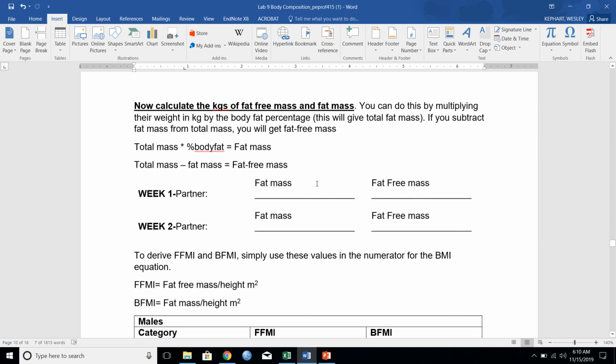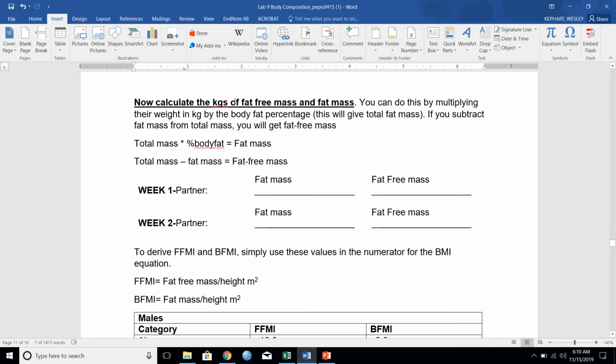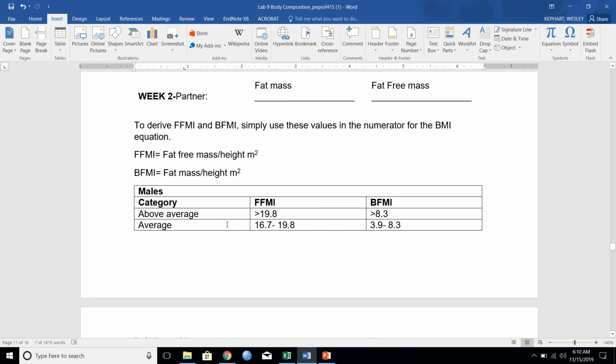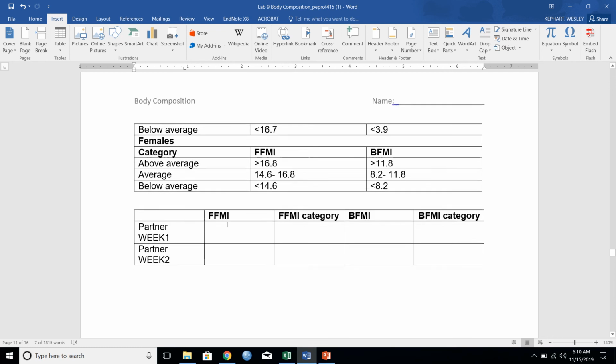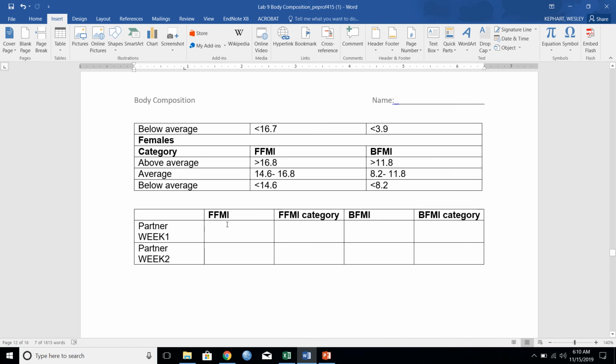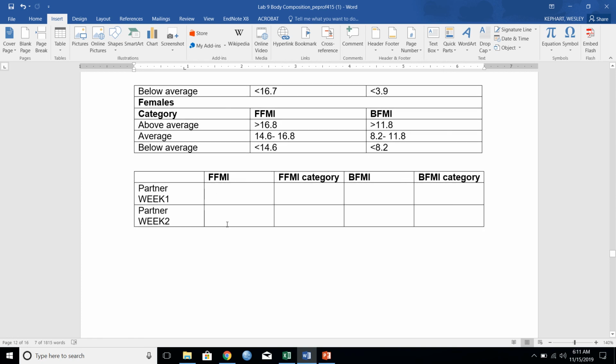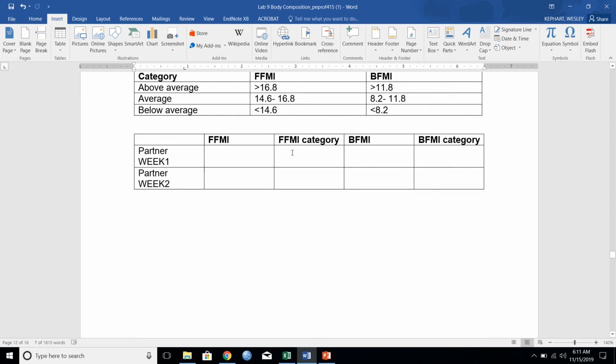Moving on, calculating fat mass and fat-free mass. There are a couple of different ways to do that, and there are different normative categories for this. There are numerous different ways of classifying people: body mass index, fat-free mass index, body fat mass index. I just want y'all to be aware of at least some of these numbers.